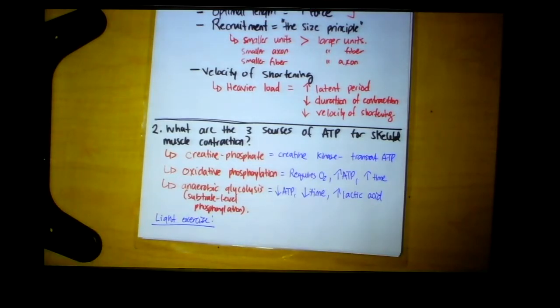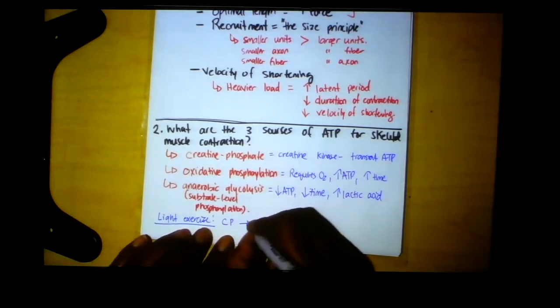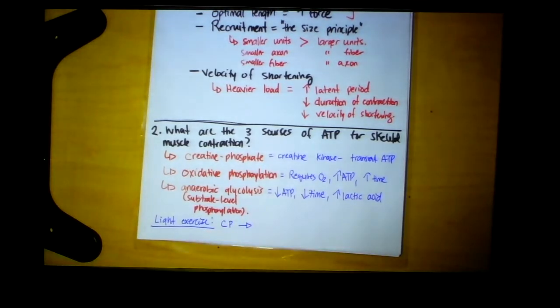So what's the first thing that we tap into? Well, before anaerobic glycolysis, what do we tap into? For all muscle contraction, what's the first source of ATP? Creatine phosphate. Perfect. So we start with creatine phosphate, and then where do we go from there?